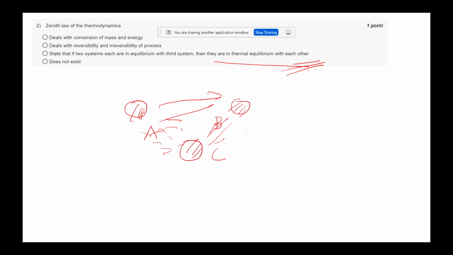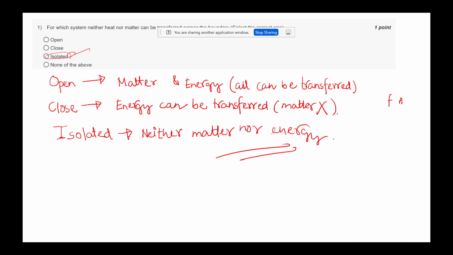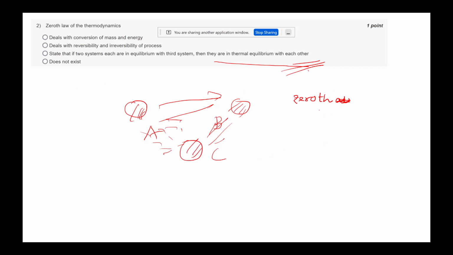So one information: the zeroth law of thermodynamics is an equivalence relation.